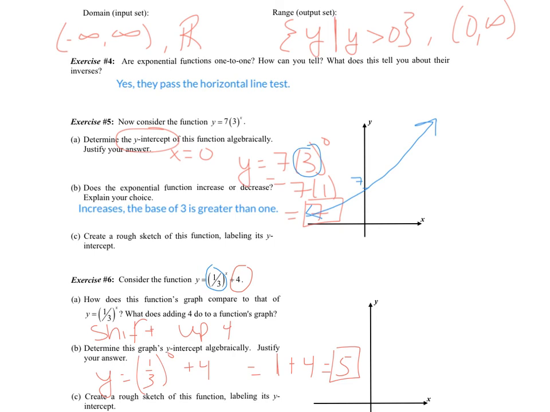Well, once again, because our base is between 0 and 1, it's going to be a reflection. I'm going to say this is 5, and our graph will look something like this. Okay, and I did go ahead and write that on the side: because the base is between 0 and 1, the graph is reflected over the y-axis.